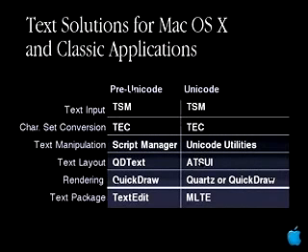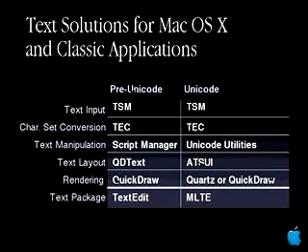Let's see the text solution that we have right now for macOS 10 and classic applications. So once again, the different technologies I'm going to be talking about are available on 9, CarbonLib, and OS 10, of course. Here again, I will divide that in two settings. There is what I call the pre-Unicode, and I'm sure you have been using one of these technologies.